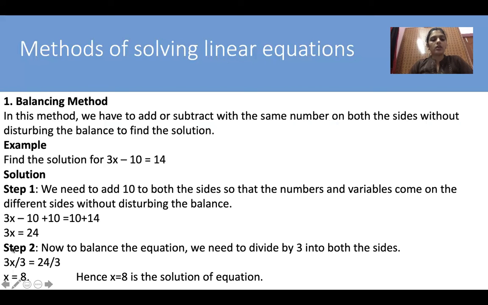The 3 is cancelled by 3, and here we get 24 by 3. Here we get x is equal to 8. This is the solution of the equation. For this value of x, the left hand side is equal to the right hand side. You can check it.